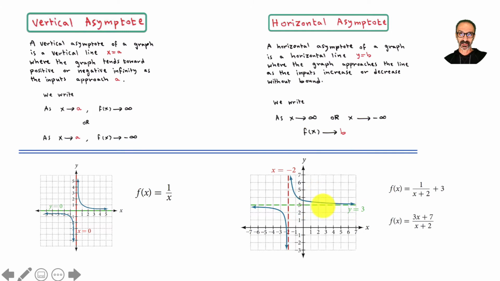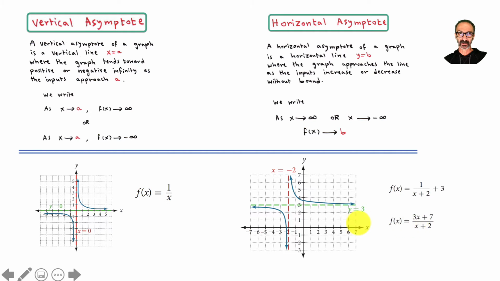But while we are here, I just want to let you know that the horizontal asymptote comes from rational functions that have the same degree, top and bottom, numerator and denominator, and you take it from the ratio of the leading coefficients. The vertical asymptote is at x equals negative 2, which is the zero of the denominator. The denominator will equal 0 at x equals negative 2.